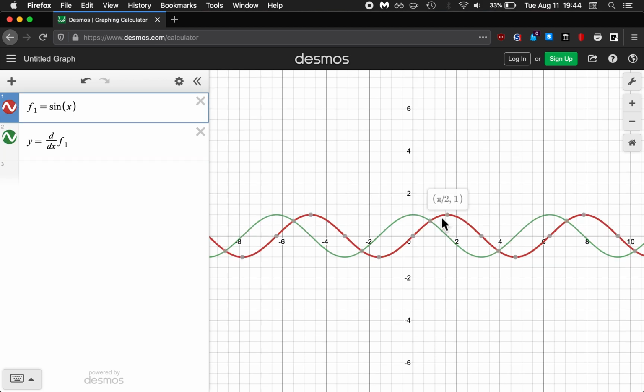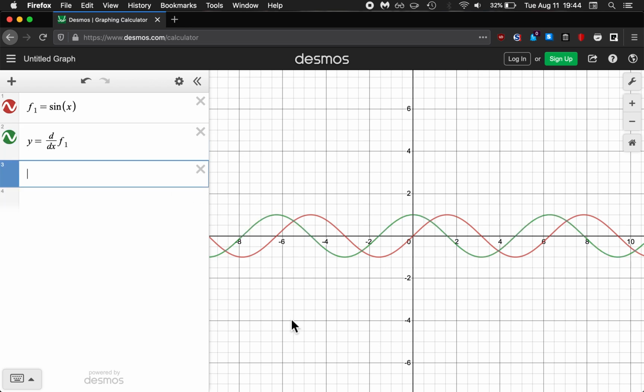At the peak of the sine wave, at pi over 2, that is a local maximum of the sine function, so that should be a point where the derivative is exactly 0. And in fact, we see that. So that's another handy thing to remember, that we can detect maxima and minima of functions, or local extreme values, by looking at the derivative.